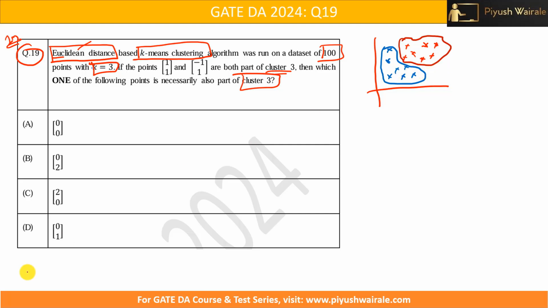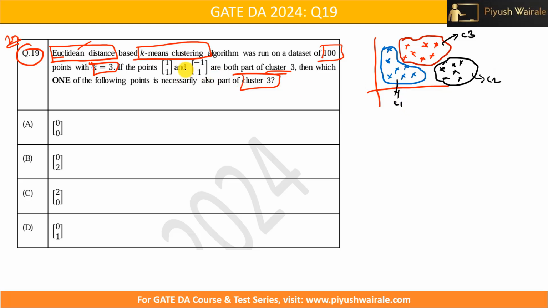And say for example we have one more cluster, because 3 clusters are given to us. Suppose these are the 100 data points, and this is my cluster 3, this is my cluster 2, and for example this is my cluster 1.